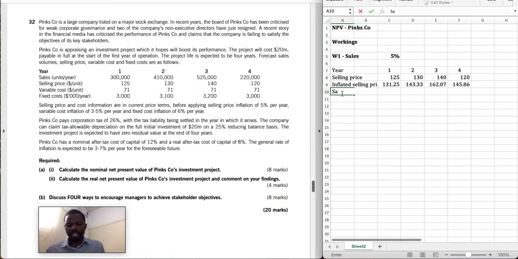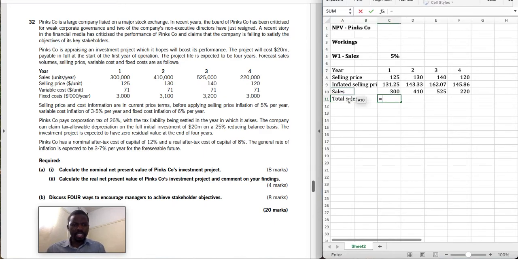Then we will have our sales in units. We'll put them in thousand. We have got 300, 410, 525, 220. Then we'll have our total sales.